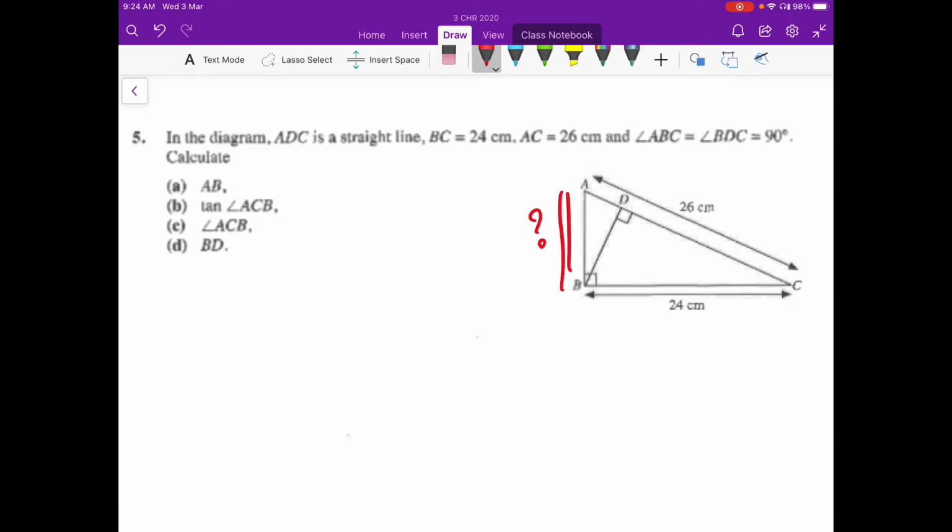Okay, yes, Kaiser. How do you get that? Why got square root? What kind of formula is that? Okay, so how do we start off the Pythagoras theorem?